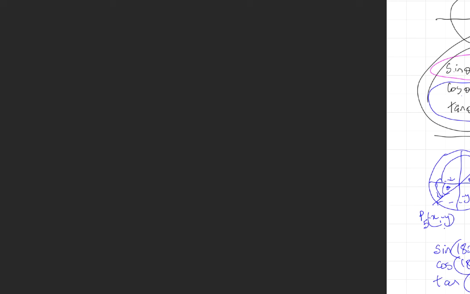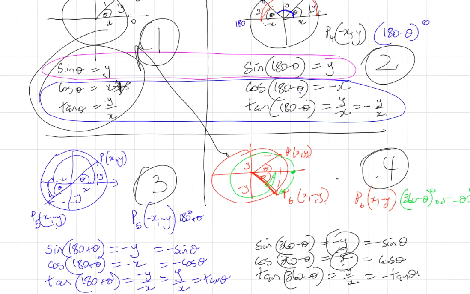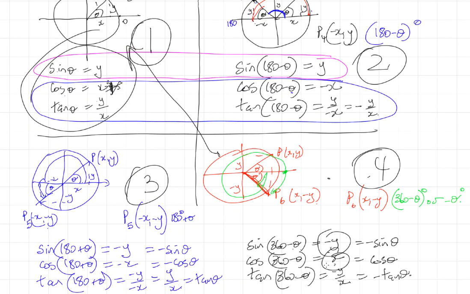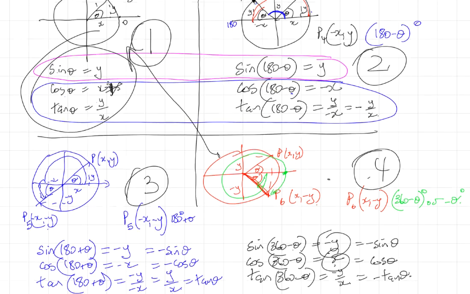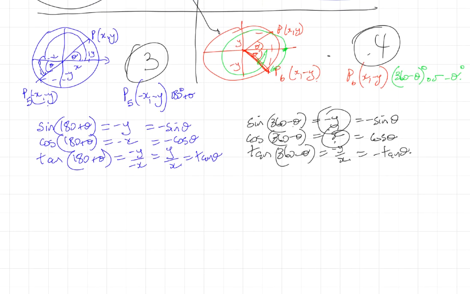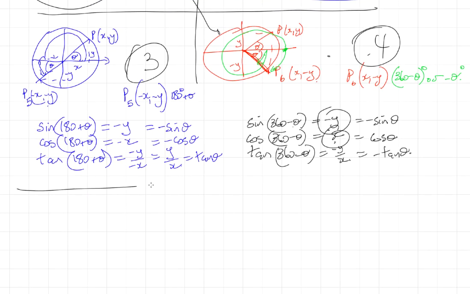Now, this is a lot to memorize. When I bring it back, it's a bit easier to memorize. And you don't have to memorize these relationships because there is a way to come up with a way to memorize it.